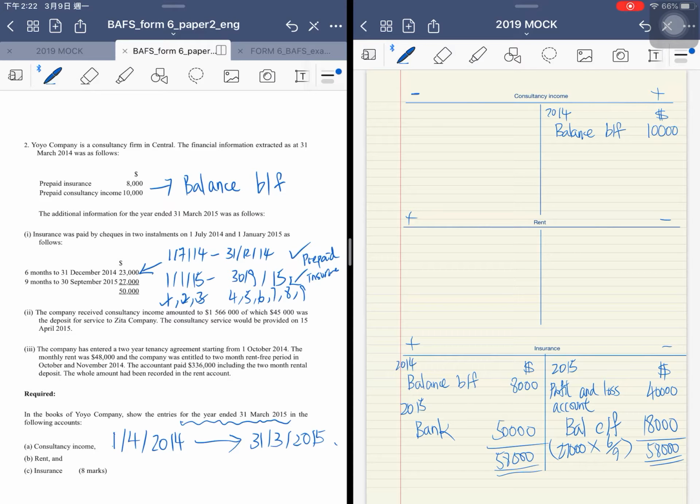So for the consultancy income, we have received it in the bank, 1,566,000. Because we received the money, it is our revenue, so revenue increases. Of which 45,000 was the deposit for service.